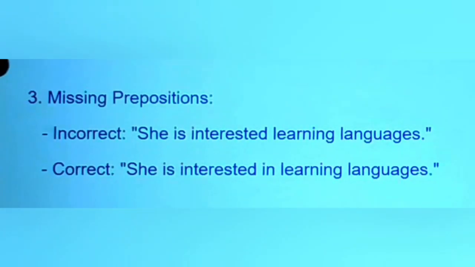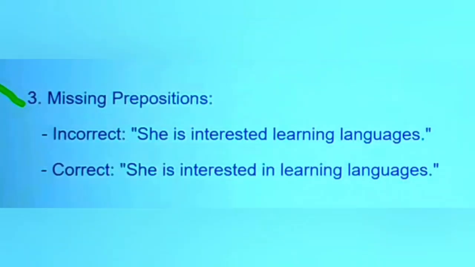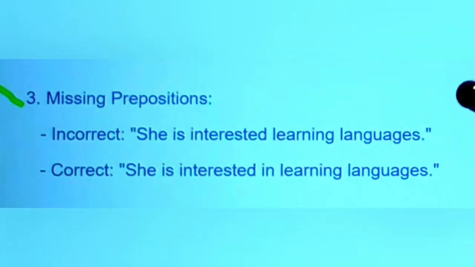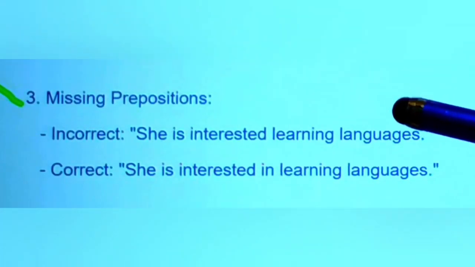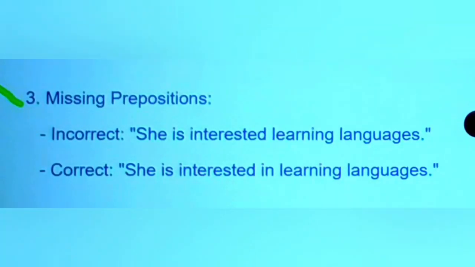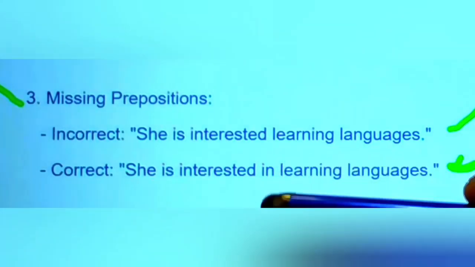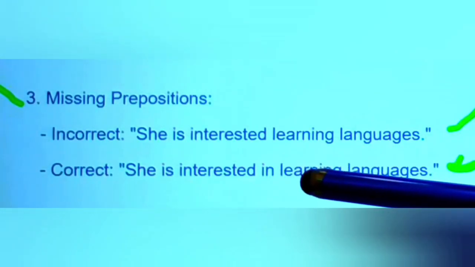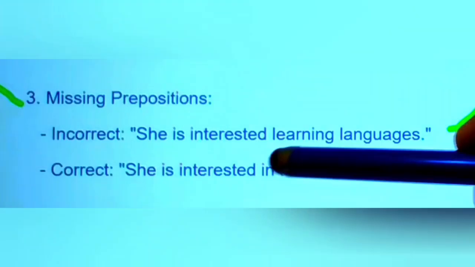The third mistake we commonly make is the missing preposition. We do not use a preposition where it needs to be put in a sentence. The sentence here: she is interested learning language. Here in this sentence, the preposition is missing, and the correct one is, she is interested in learning language.